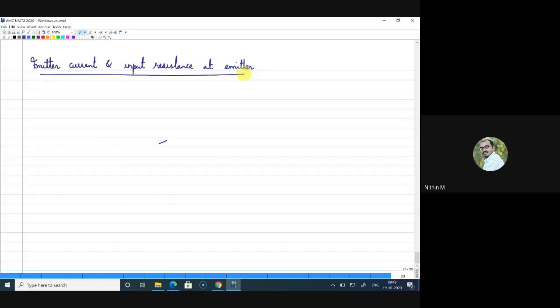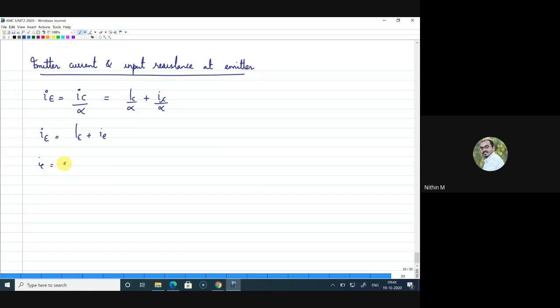So how to look at this? We know that emitter current, this is the composite current, is collector current by alpha, right? That alpha relation I can bring in here, that is IC by alpha plus small ic by alpha. Now the emitter current, the composite current, is the sum of DC current plus AC current small ie.